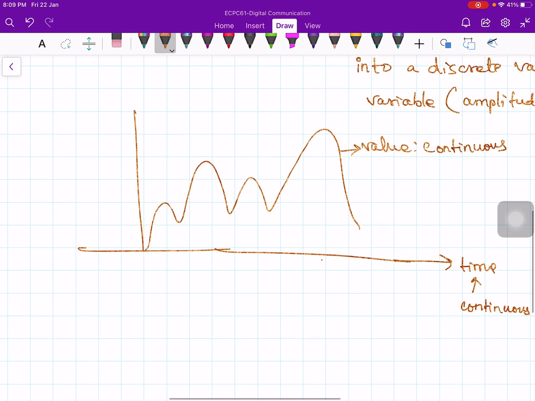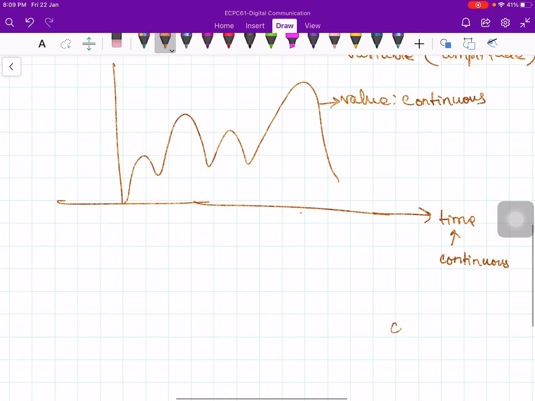So it is continuous both in time as well as in amplitude.